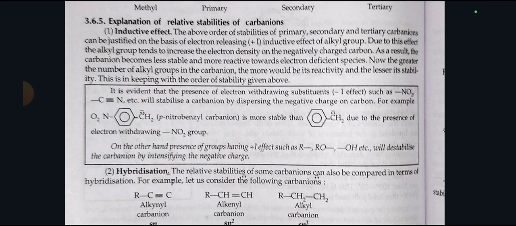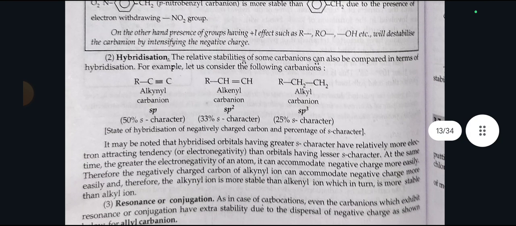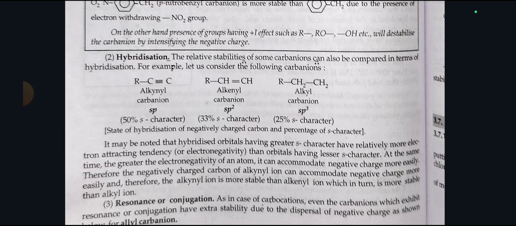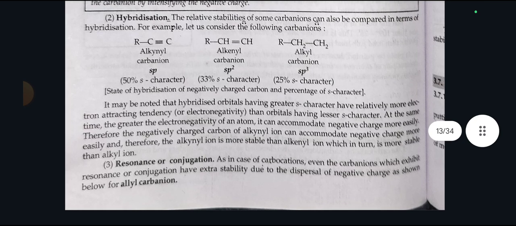For example, p-nitrobenzyl carbanion, NO2-C6H4-CH2 negative, is more stable than C6H5CH2 negative due to the presence of the electron withdrawing NO2 group. On the other hand, presence of groups having plus I effect such as R, RO, OH, etc. will destabilize the carbanion by intensifying the negative charge.